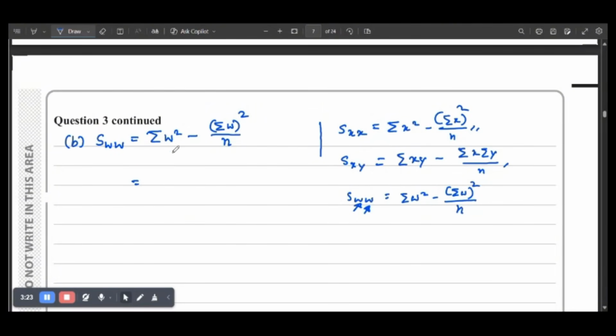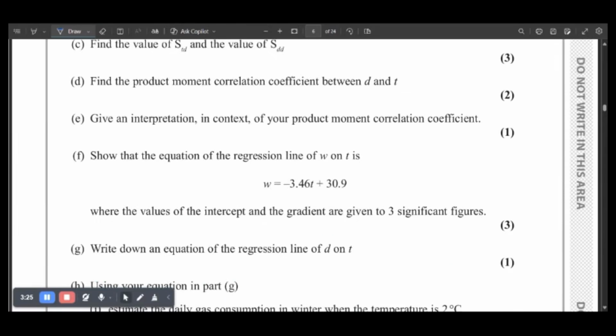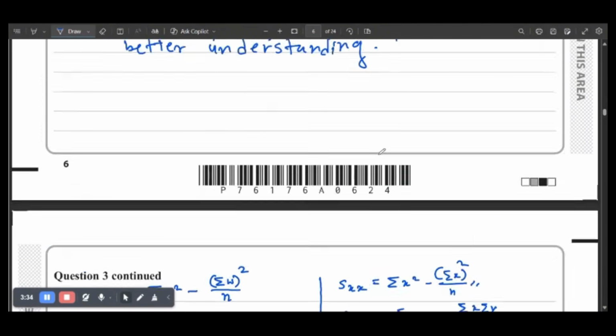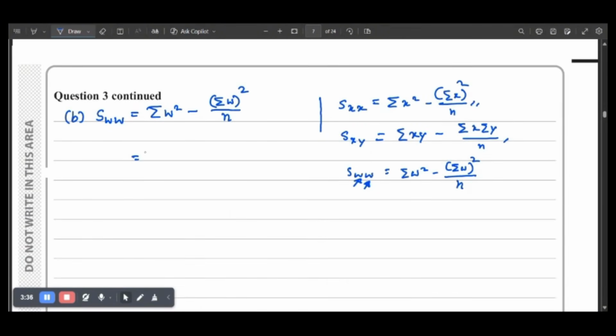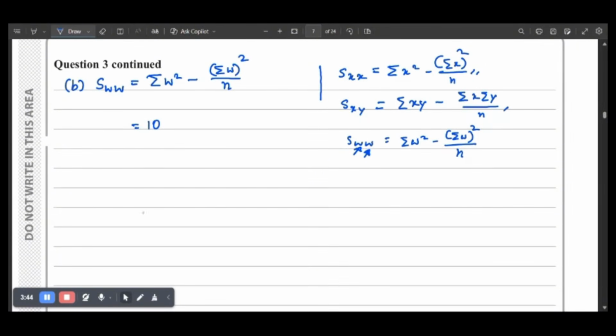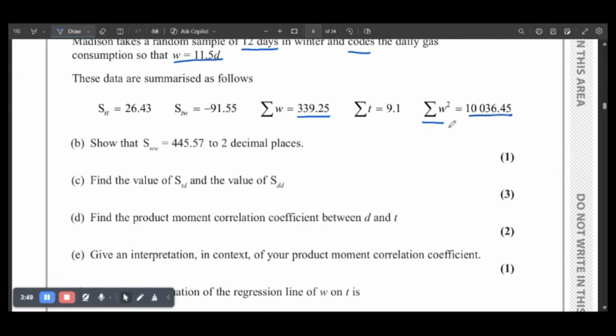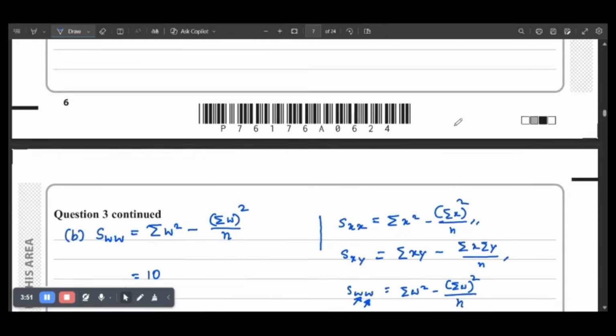Now what is left to do is just substitute the values in. We know sum of w square is this and sum of w is this. We'll use these values. We will use the information from above, 10,036.45.